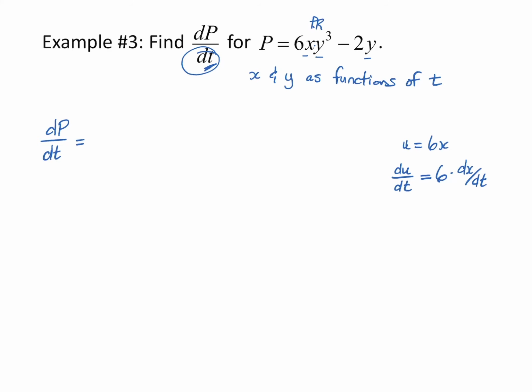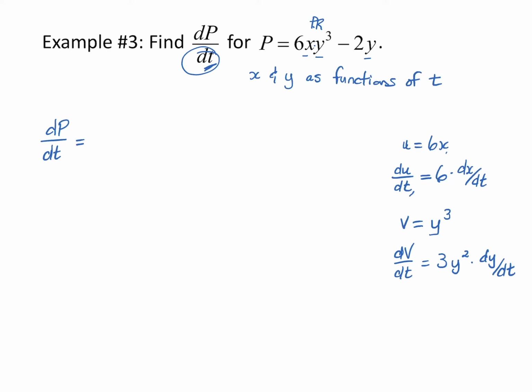And again, we're doing that because we're differentiating with respect to t, and we're taking the derivative of this x, so we're treating that x as if it is a function of t. Then v, our second function, will be the y cubed. So then dv by dt will equal 3y squared times the derivative of the inner function, so times the derivative of y with respect to, again, t, because we are finding the derivative with respect to t.